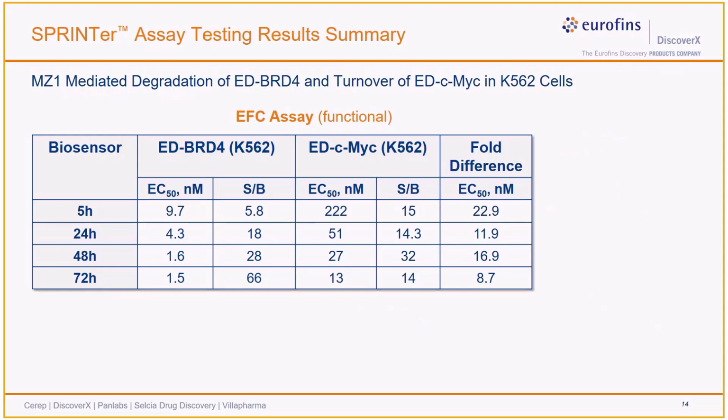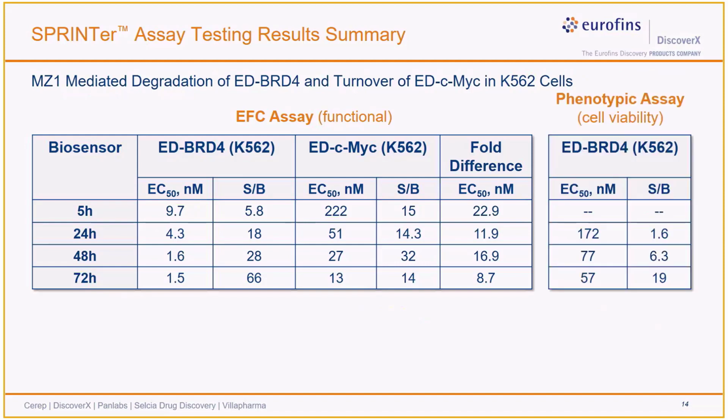For the downstream target c-MYC, the optimal incubation time is between 24 to 48 hours. For phenotypic endpoint assays such as cell viability, an incubation time longer than 72 hours is required to demonstrate good on-target potency and reach a potential optimal assay window.